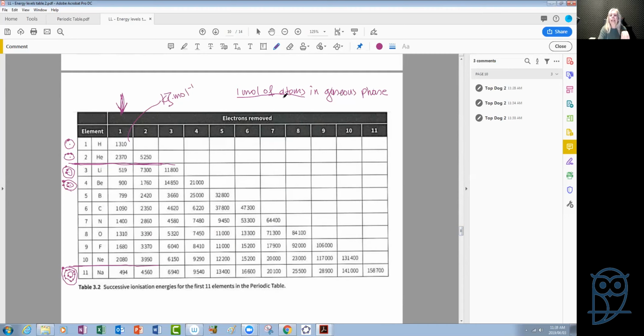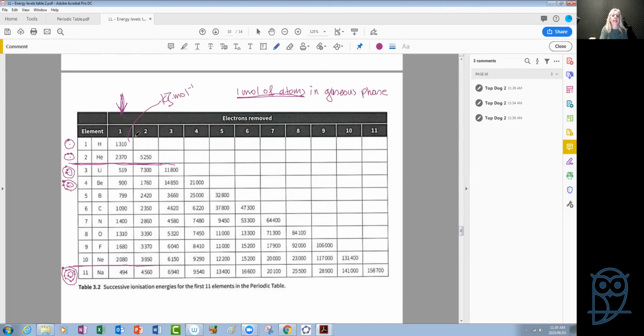So an atomic gas, in other words, we use 1 mole of atomic gas of each and every element here in standard conditions. And then the value of energy that we use to remove 1 electron is these values here, and then we can compare them properly.